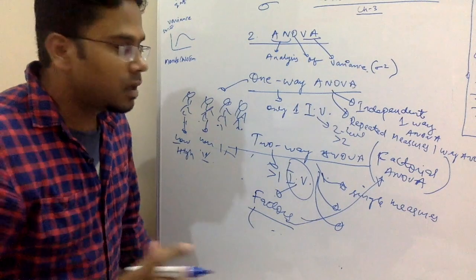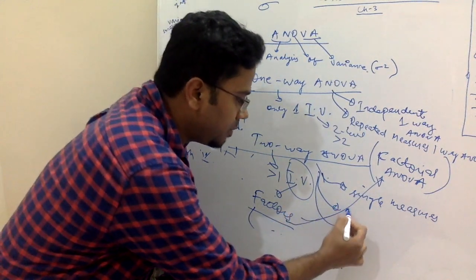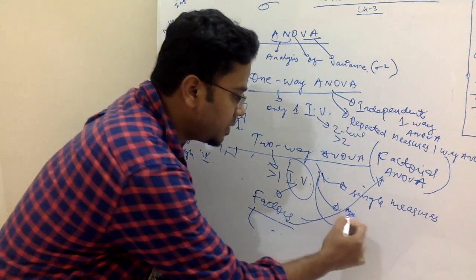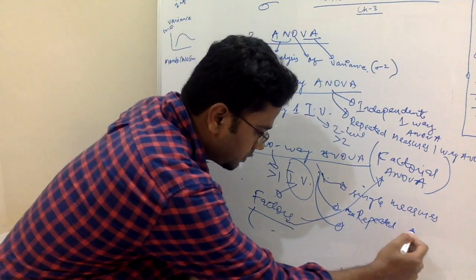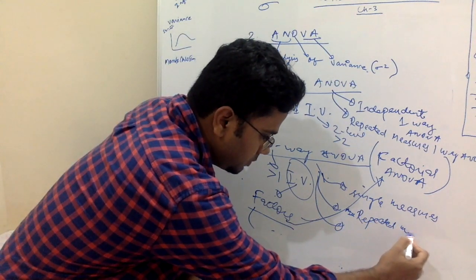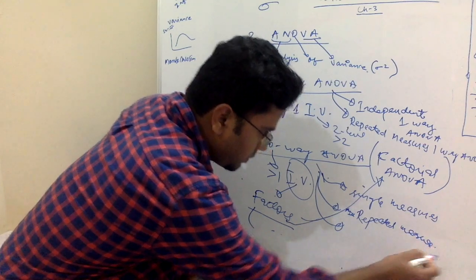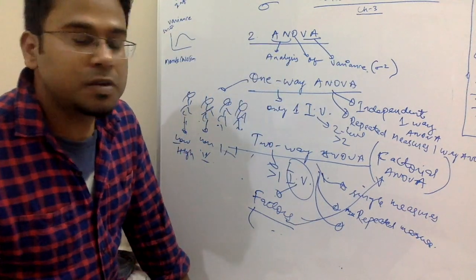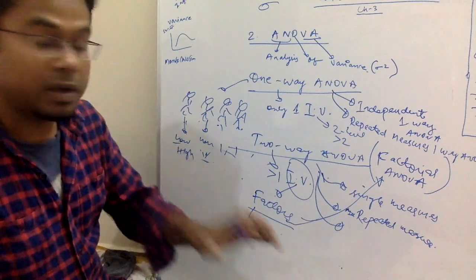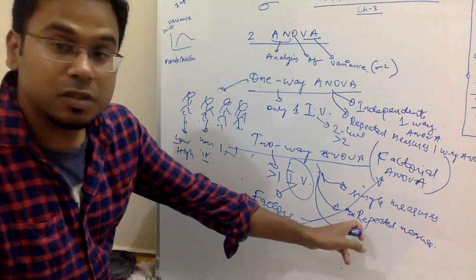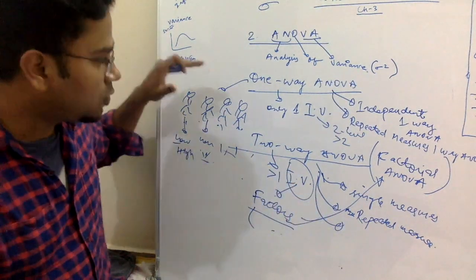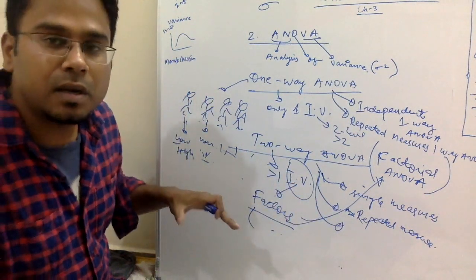The second could be multiple measures or repeated measures. So now you can guess what the third type would be. The third type would be repeated measures, where each participant goes through all the levels of noise.